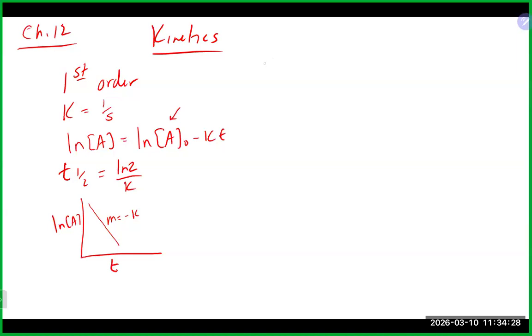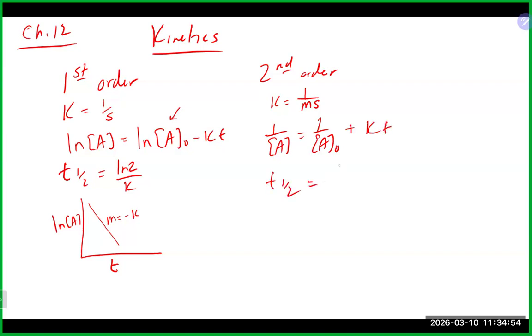We also saw second order. Second order has units for the rate constant of 1 over molar seconds. Once again, in terms of time, it really could be any unit of time, but seconds is pretty common. 1 over A is equal to 1 over A naught plus kt, with a half-life equation there too.